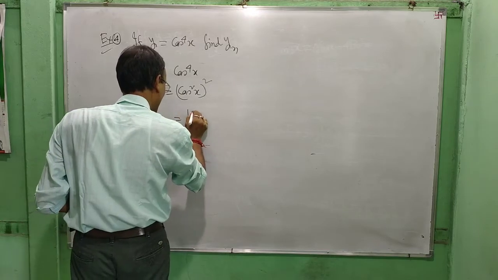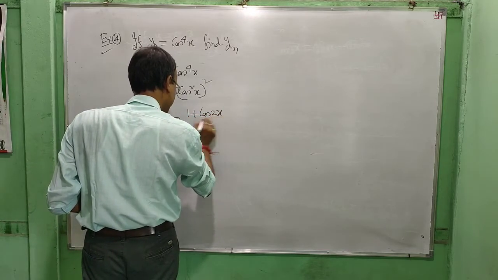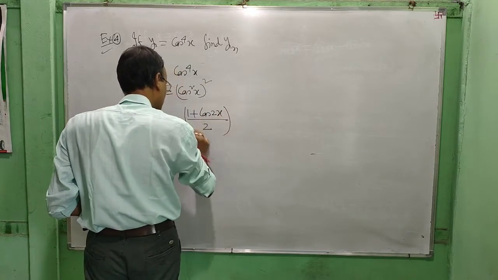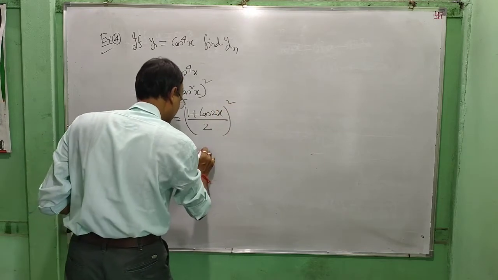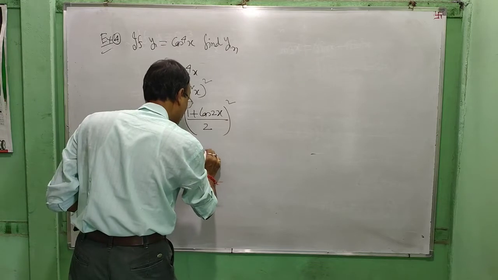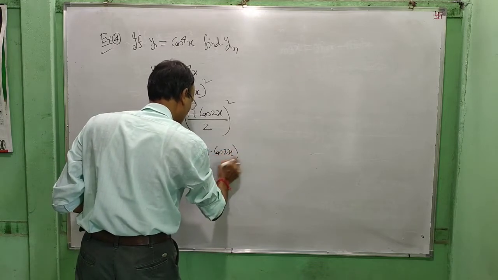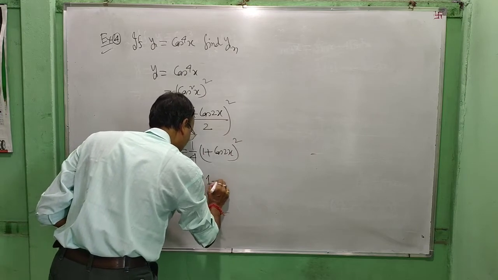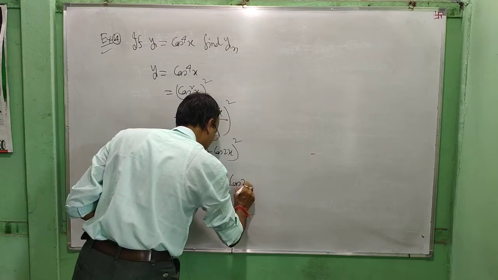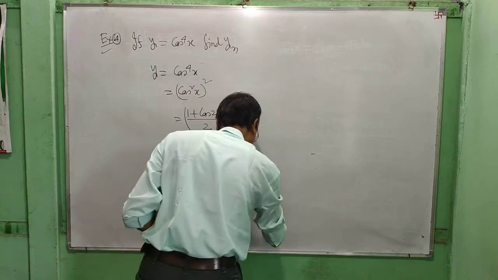This is equal to ((1 plus cos twice x) divided by 2) whole square, which is equal to 1 by 4 (1 plus cos twice x) whole square. This is equal to 1 by 4 (1 plus twice cos twice x plus cos square twice x).